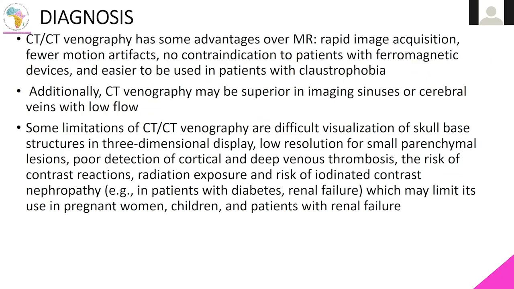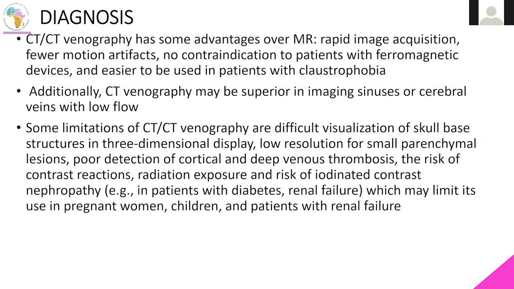So CT or CT venography has some advantages over MRI: we have a rapid image acquisition, of course. We have fewer motion artifacts. We have no contraindication for patients with ferromagnetic devices, and it is easier to use in patients with claustrophobia. Additionally, CT venography may be superior in imaging sinuses or cerebral veins with low flow.